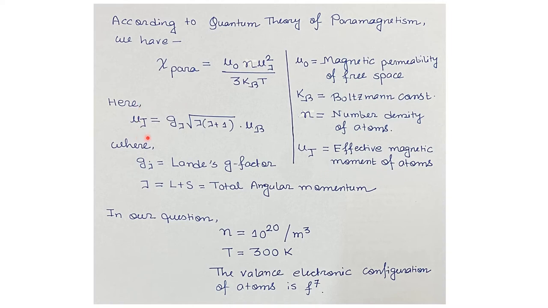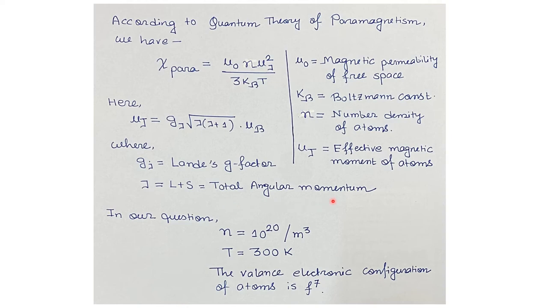Here mu_J can be written as g_J times root over J times (J plus 1) times mu_B, where g_J is the Landé g factor, and J is given by L plus S, the total angular momentum of the atom.